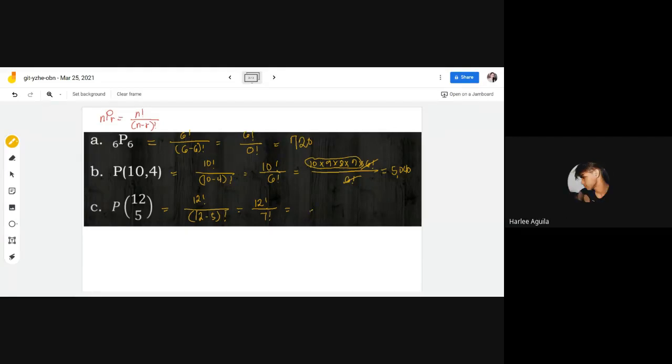Divided by, what is 7 factorial? 5,040. Divide natin.